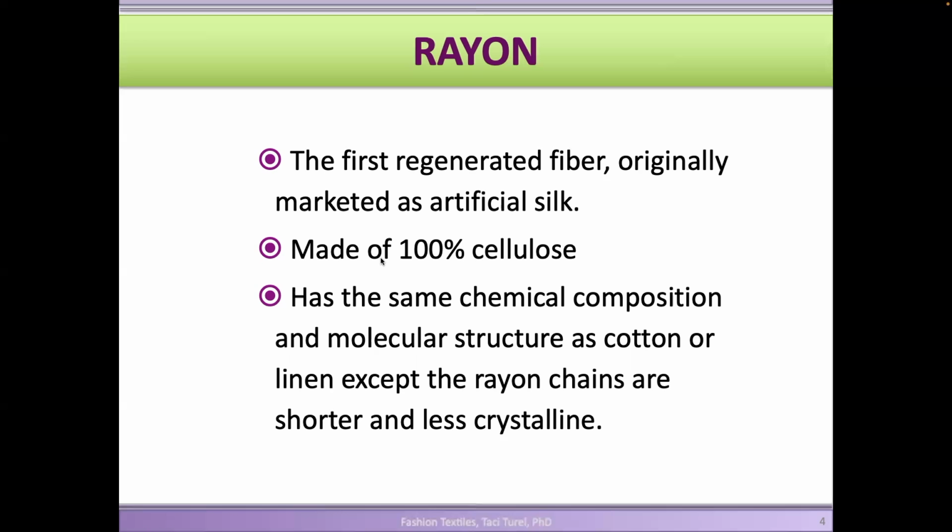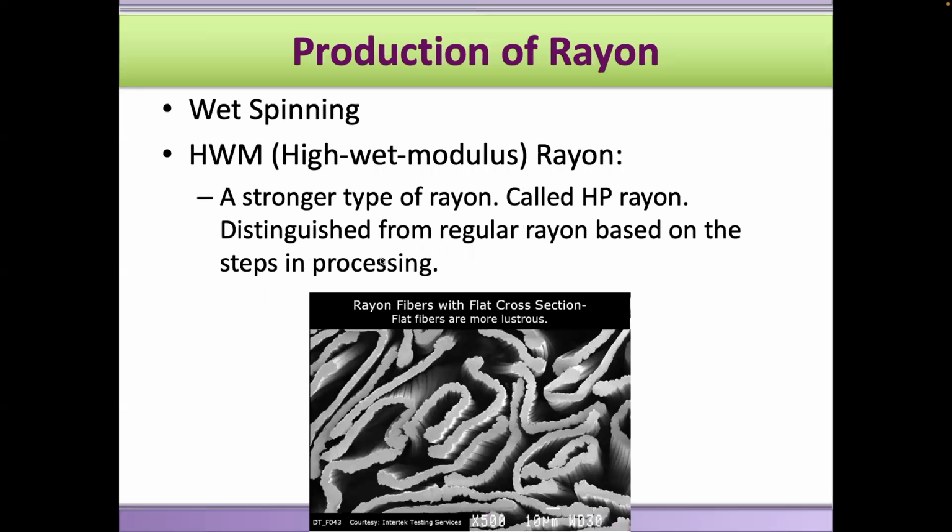So short and less crystalline means these are weaker fibers than cotton or linen. We use wet spinning to produce rayon. We also have a different variation of rayon we call high wet modulus rayon, which is a stronger version of rayon.